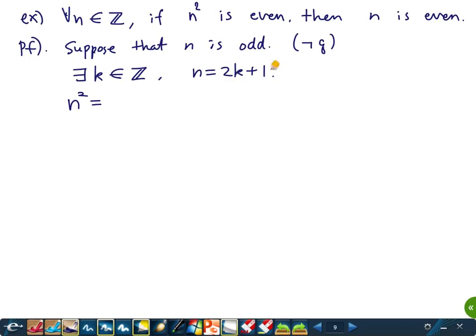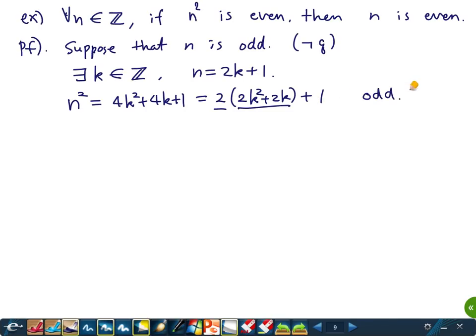So if you plug in, 4k squared plus 4k plus 1. Is this an even integer or odd integer? It's odd because it's 2 times (2k squared plus 2k) plus 1. 2 times an integer plus 1. So it's odd.